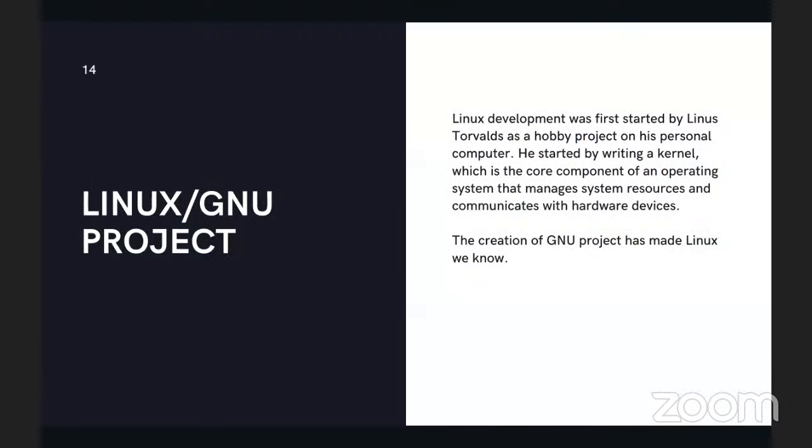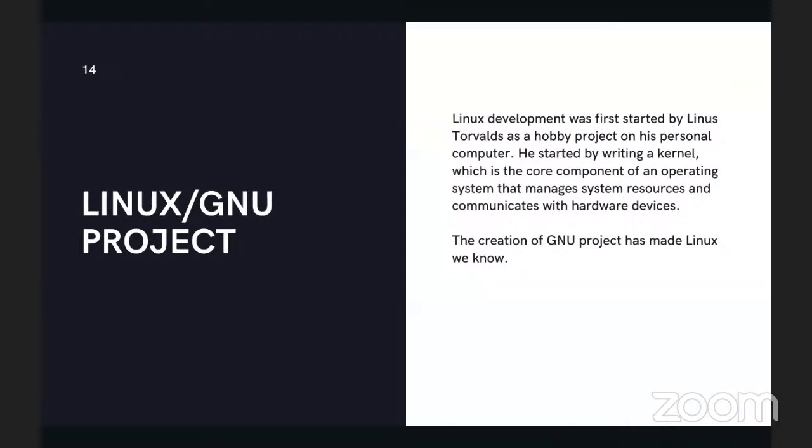Let's start with the history of Linux. Most of us know Linux as a general server operating system or a professional operating system, but it just started as a kernel developed by Linus Torvalds in the year 1991 as a hobby project.